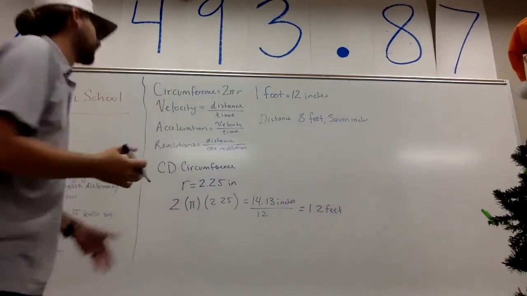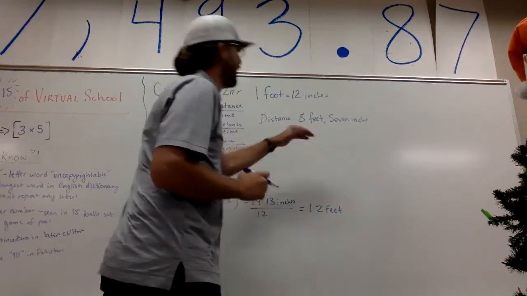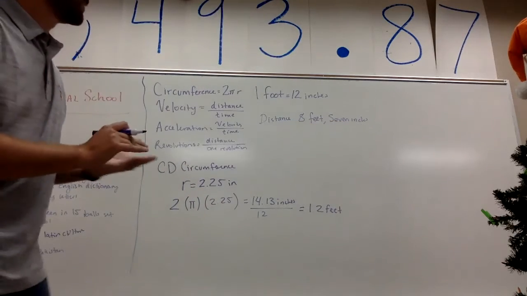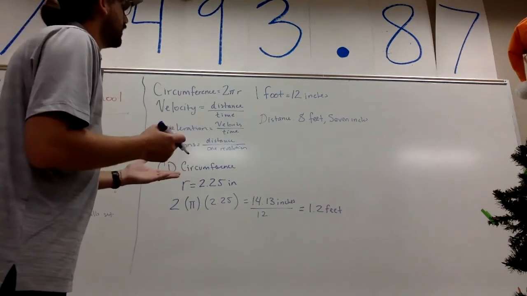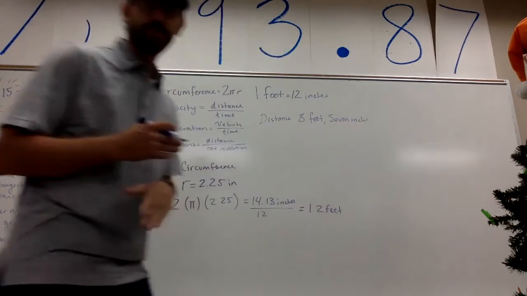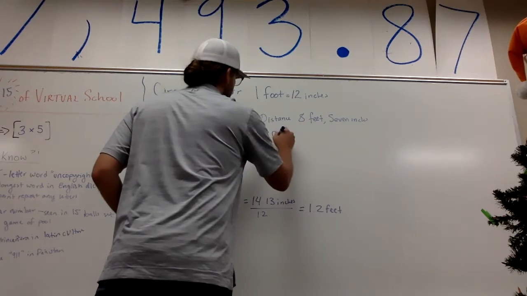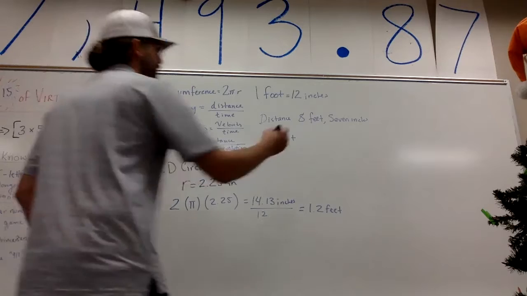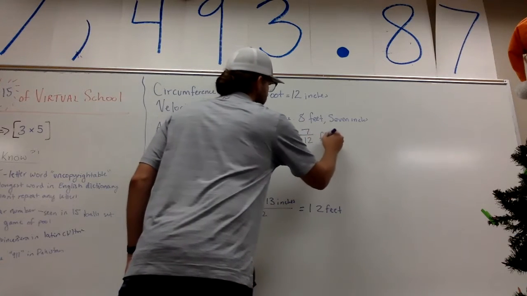How do we convert this though? We know the 8 is already in feet, so we're totally fine there. However, the 7 inches is not in feet. It's a little over half a foot. So we need to use this same conversion to see how many feet 7 inches is. The conversion is going to look like 8 feet plus 7 over 12 feet.